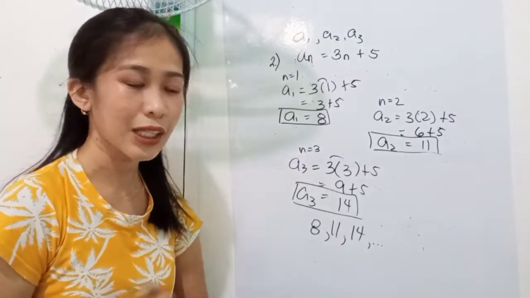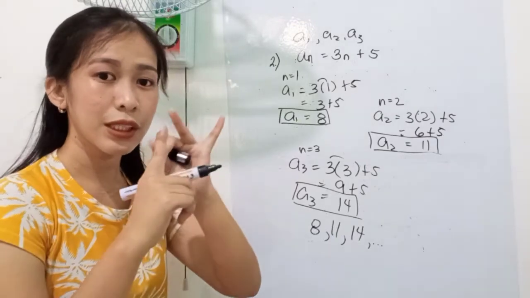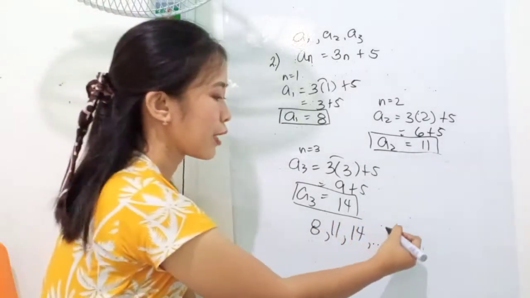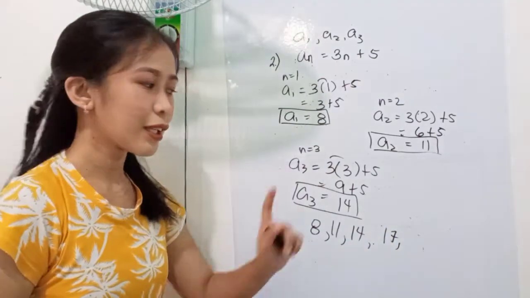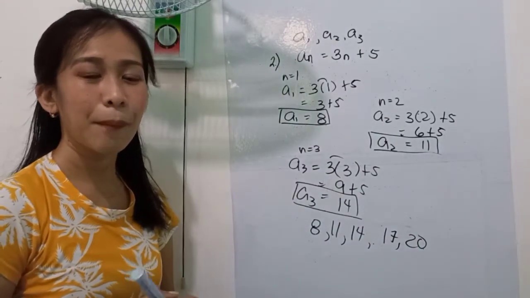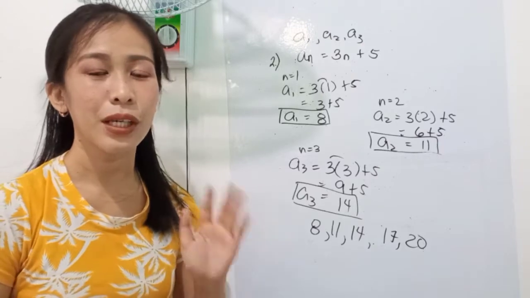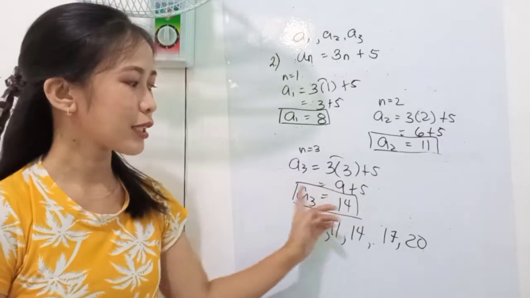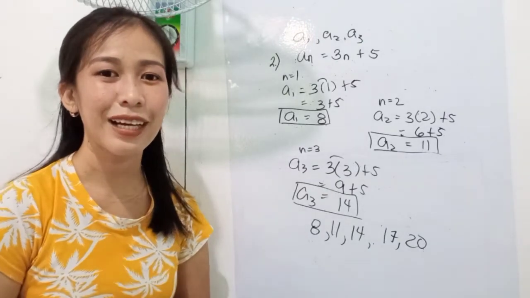So add ka lang ng 3 to get the fourth term. So 14 plus 3 is equal to 15, 16, 17. So we have our fourth term as 17 and then our fifth term as 20. Diba? Kapag alam niyo yung pinaka-pattern ng isang sequence, madali nyo lang malalaman yung pagsunod-sunod nila kahit hindi na kayo gumamit ng solving. Okay, ganun lang siya kasimple.